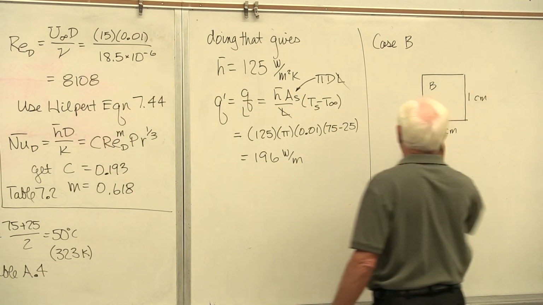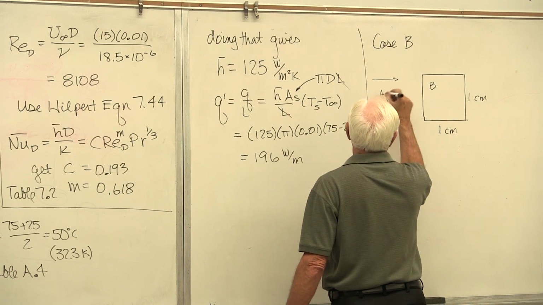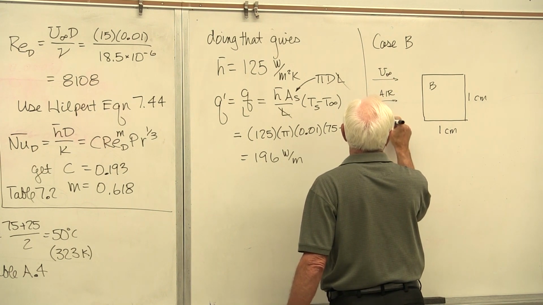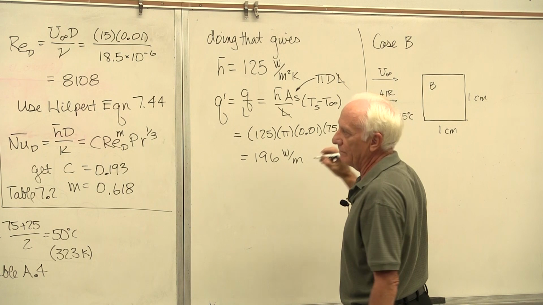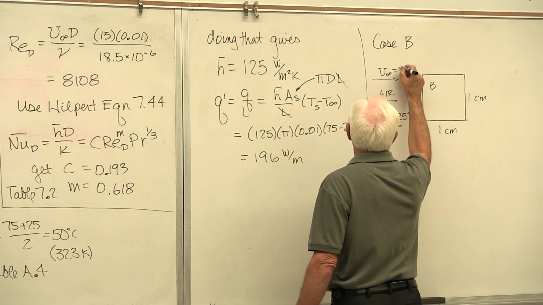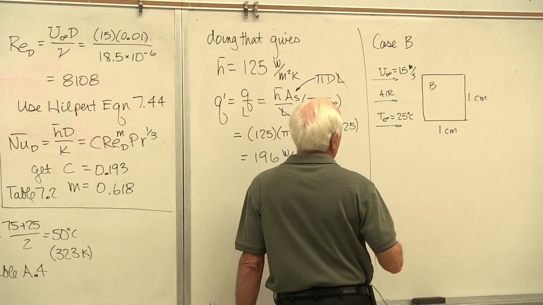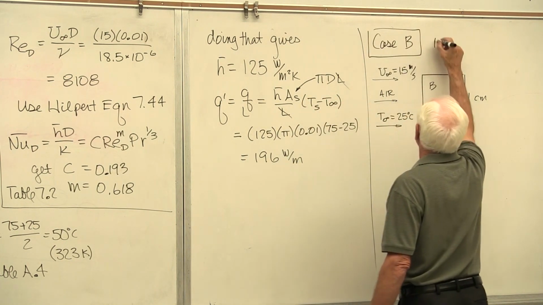And again, we have an approaching free stream, air, with the same U infinity and the same T infinity we had before. And we want to find Q prime.